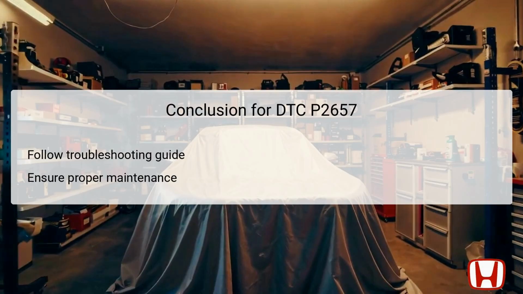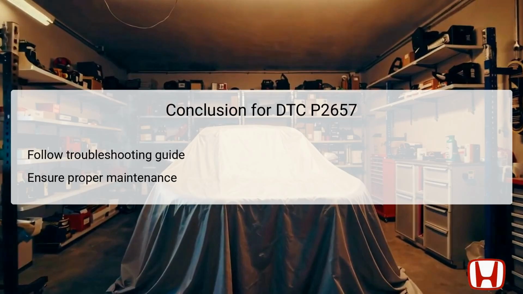In conclusion, addressing the P2657 diagnostic trouble code involves a systematic approach to troubleshooting and repair. Identifying symptoms, understanding the role of the rocker arm oil pressure switch, and checking associated wiring are critical steps in managing this issue. It's equally important to conduct regular maintenance checks, such as monitoring engine oil levels and inspecting wiring connections.